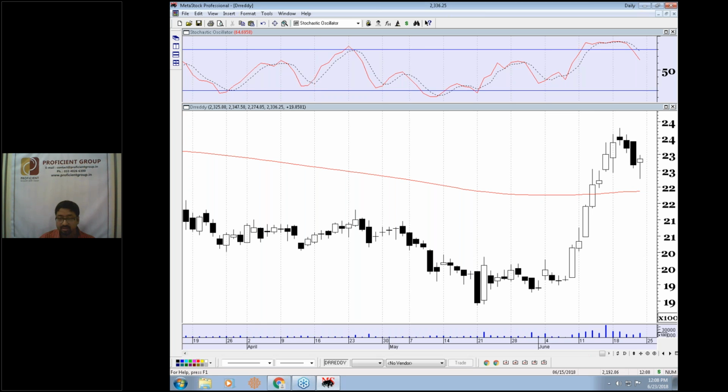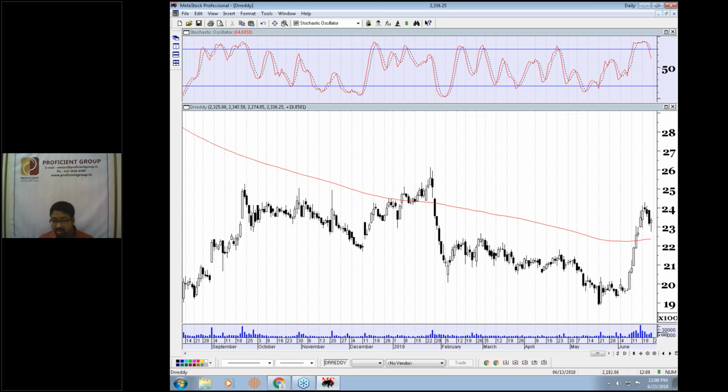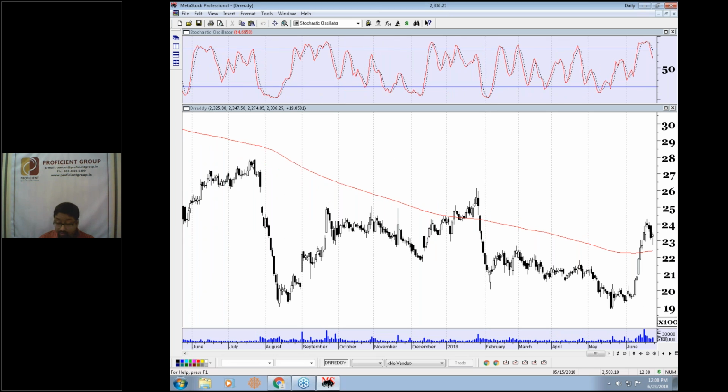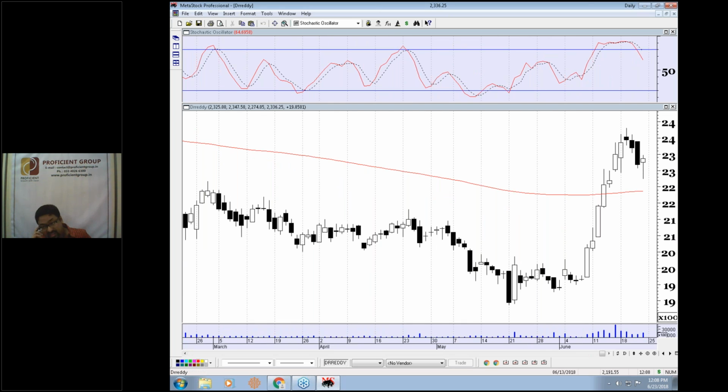As you can see from this chart, the primary trend is downward, and in this primary downtrend, in the past 2 weeks there was a pullback. Prices really rallied a lot from 2000 odd levels. Dr. Reddy's has bounced to 2400 odd levels. Right now it is pulling back at around the 2330 level.